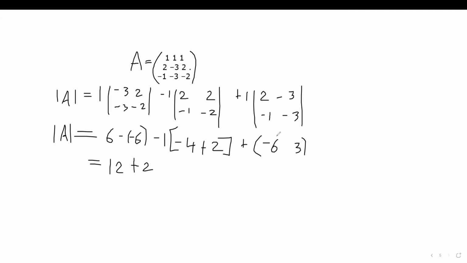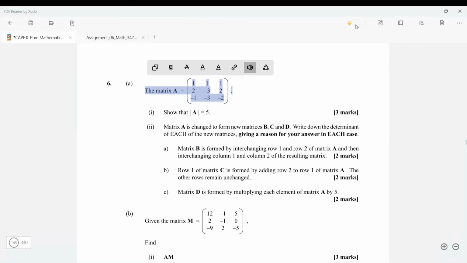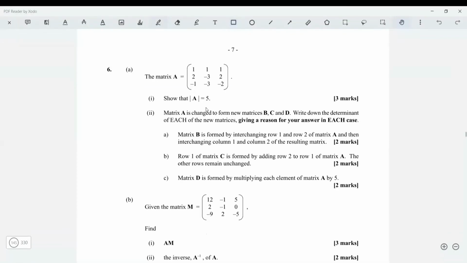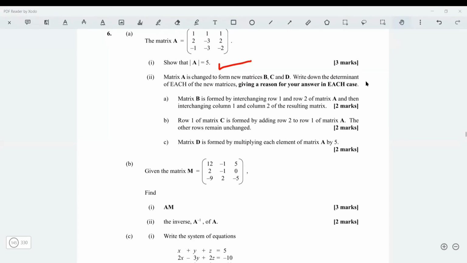That's what we did off there. This would have been 12 plus 2 minus 9. That's 14 minus 9, which is 5. So that's the proof right there. That is 5. That's part A. Nice, easy, and soft. So we get the 5 now. So good with that. The next part says matrix A is changed to form new matrices B, C, and D.